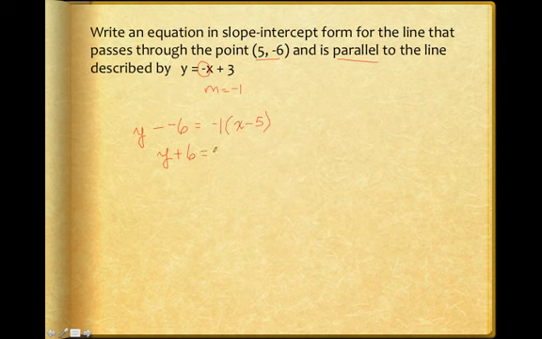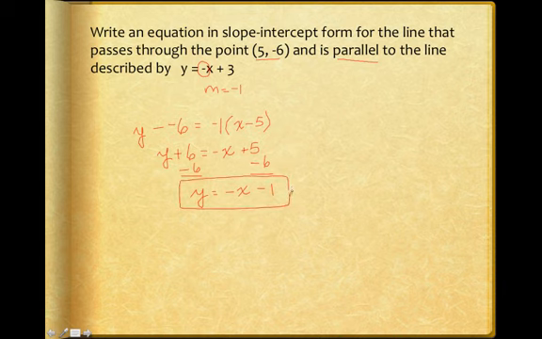Equals -1 times, and I'm going to move my 6 to the other side, and I get y equals -x minus 1. So this line is in fact parallel to my original equation, y equals -x plus 3, and I know that because they both have a slope of -1.